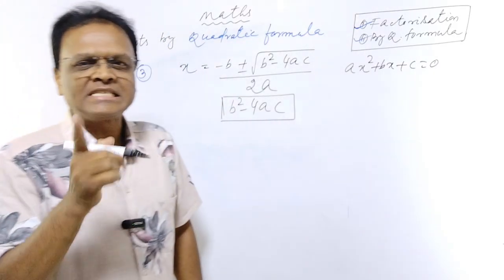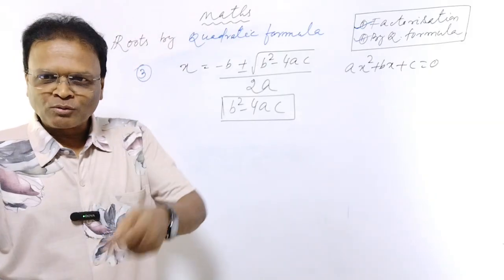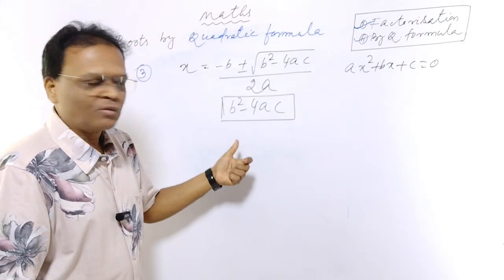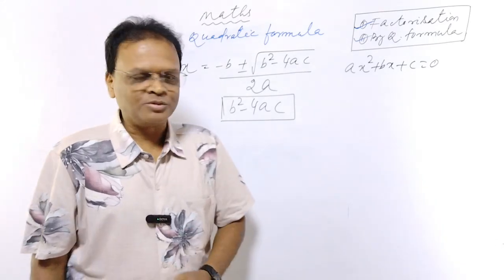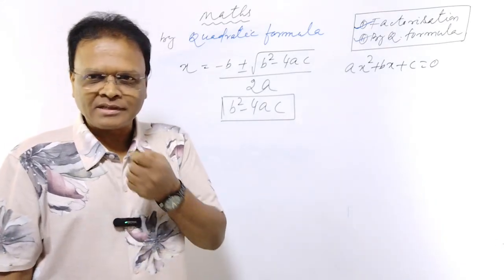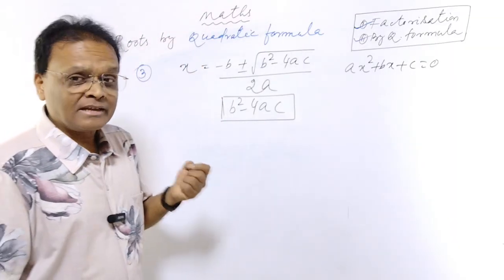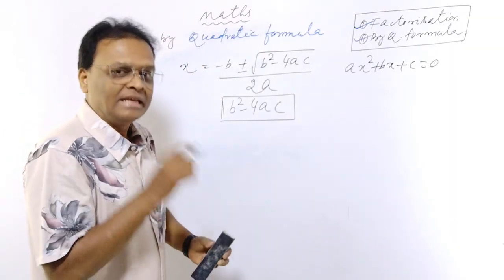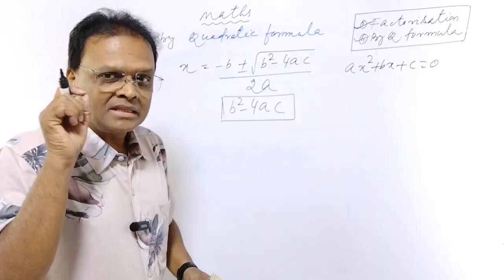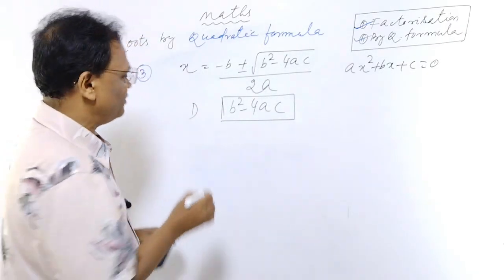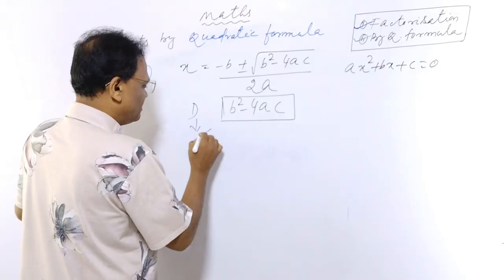Because this plays a very significant role. This will decide the nature of the roots. This will decide whether you can find the roots or not. And this is represented by the letter D, and D stands for discriminant.